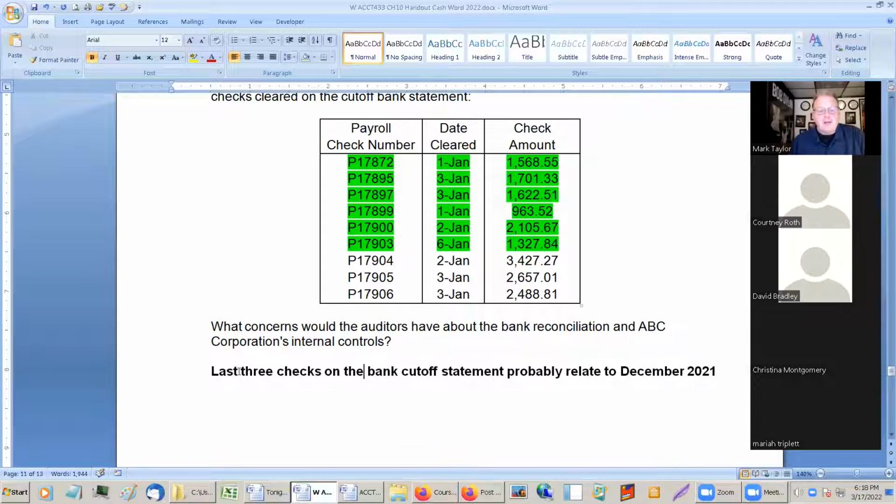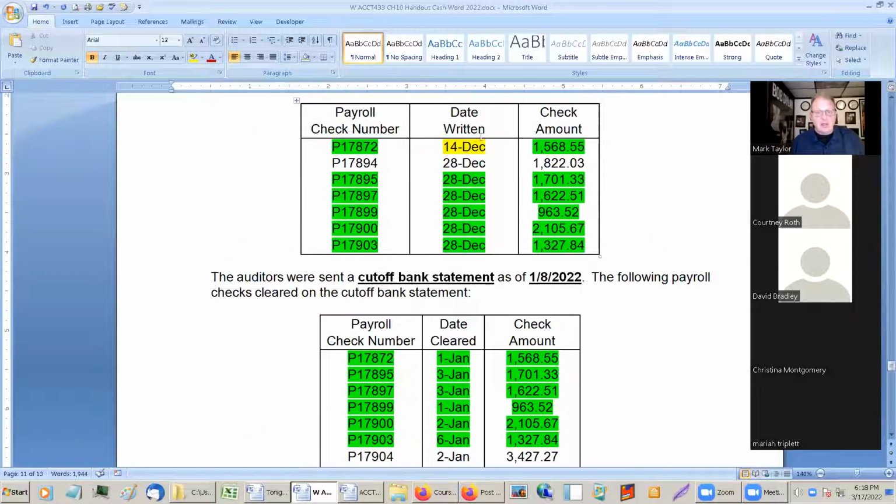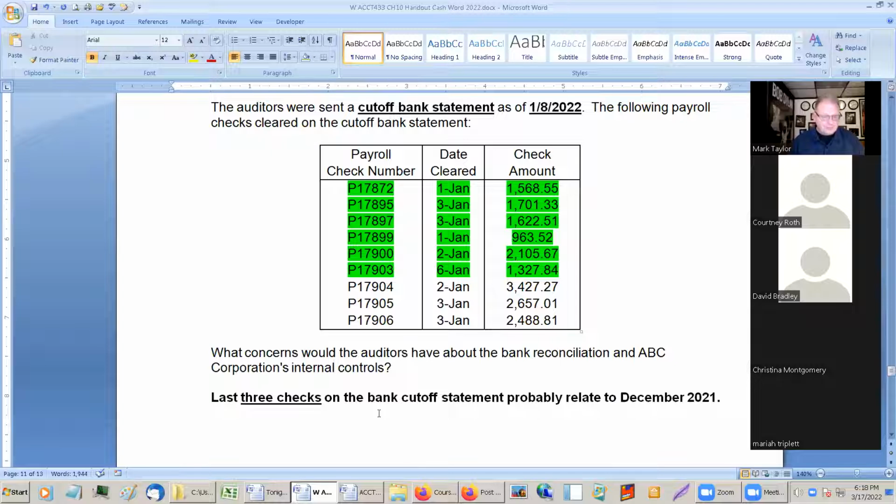All right, so the last three checks probably relate to it, but also there is the problem that, according to their own records, there was a check written on December 14th. You have to look into it.